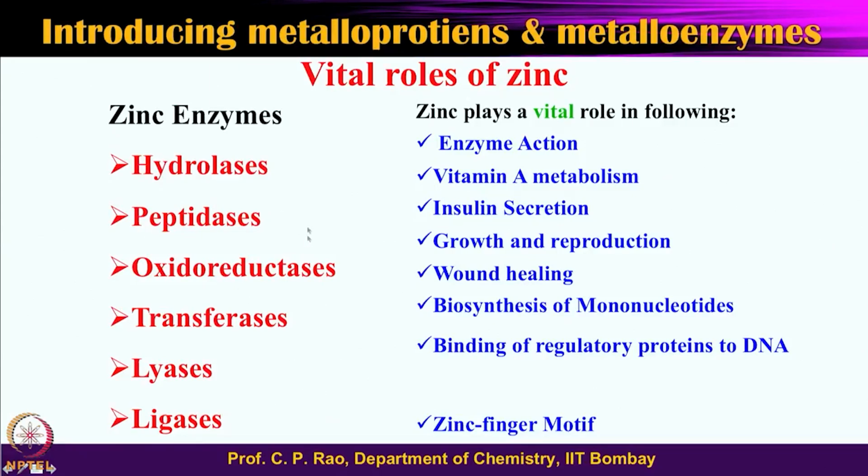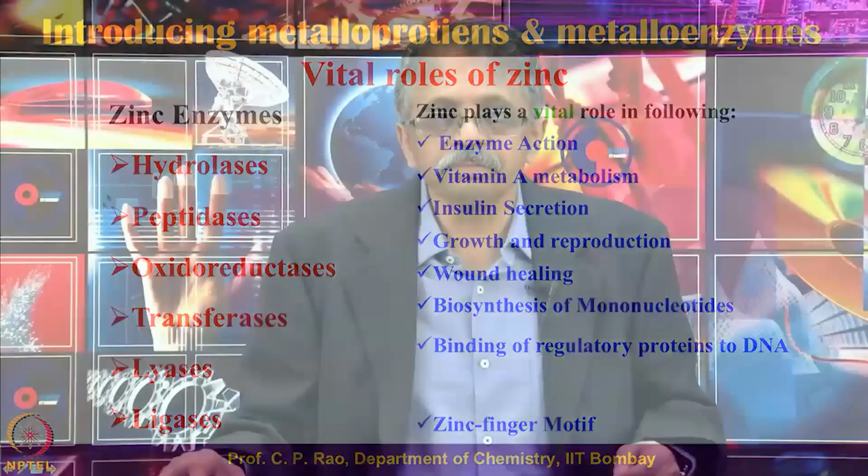As I said, more than 200 active enzymes are there in zinc. And one more thing which I have forgotten to mention is that in the zinc enzymes, the zinc is catalytic. In some zinc enzymes, a part of the zinc could also be structural. So, that means zinc can play both a catalytic role as well as a structural role.